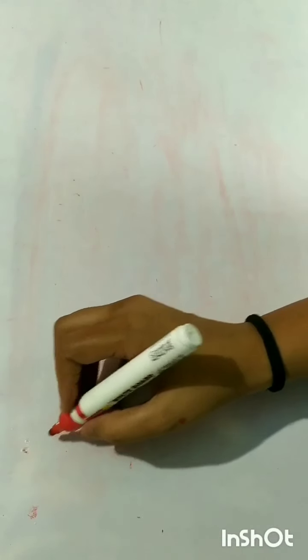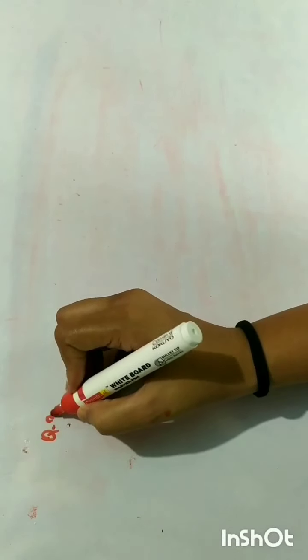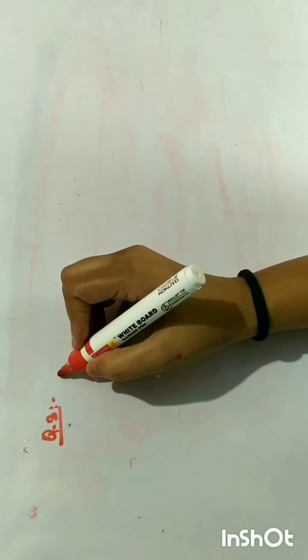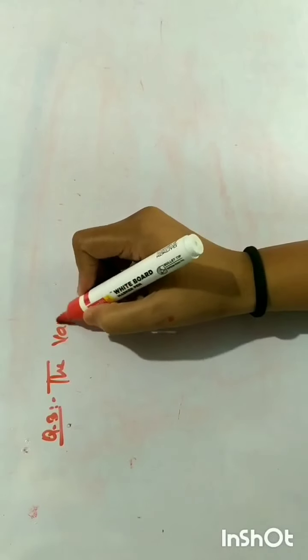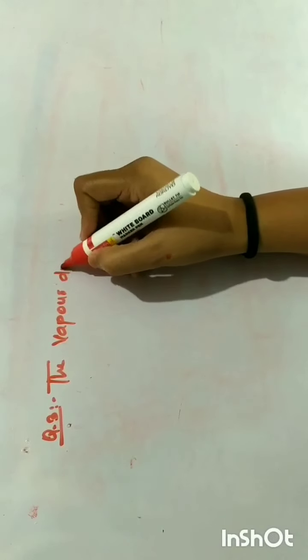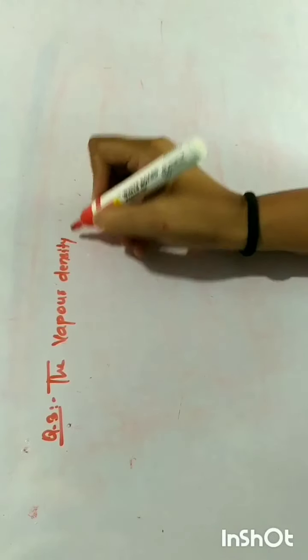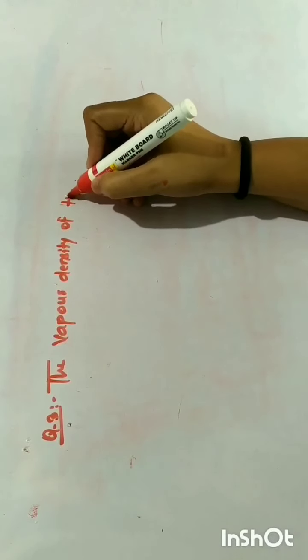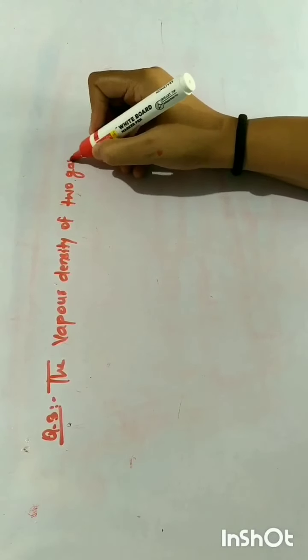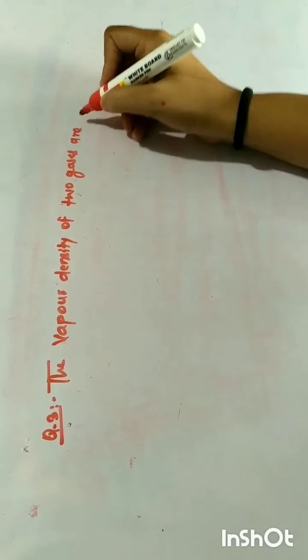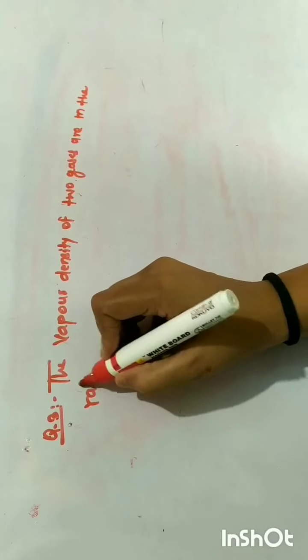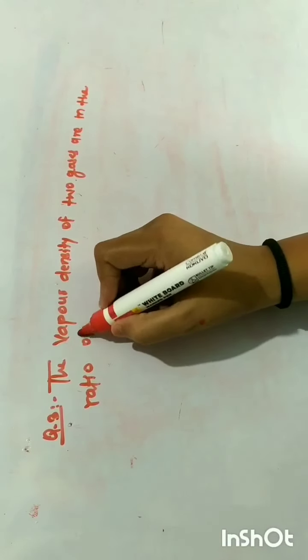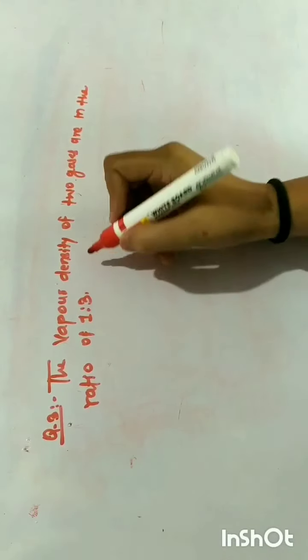Question number 3. The vapor densities of two gases are in the ratio of 1:3.